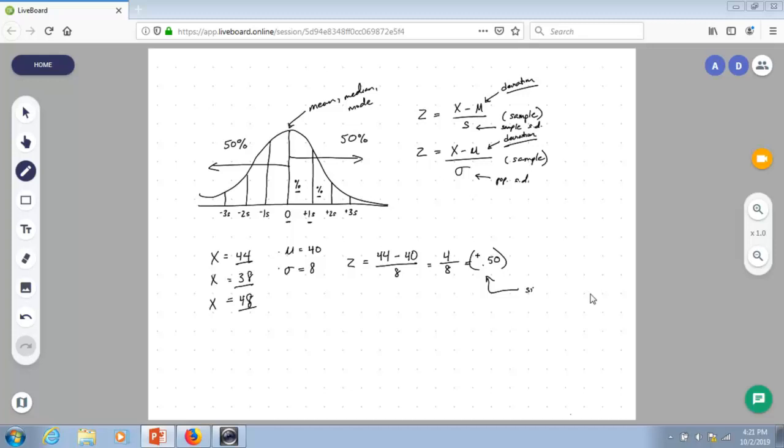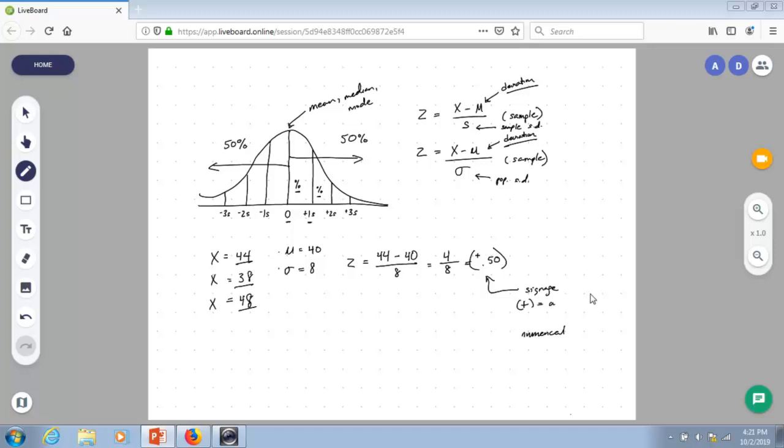We ended up with a positive z-score, which means that this particular raw score is above the mean. We can double check this by just coming back to our numerator, and we can see that 44 is higher than 40, so it makes sense that we ended up with a positive z-score.